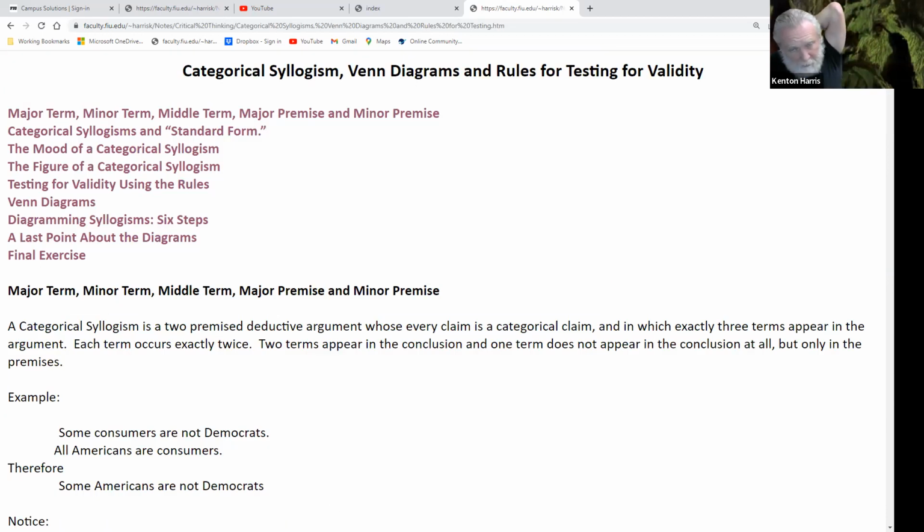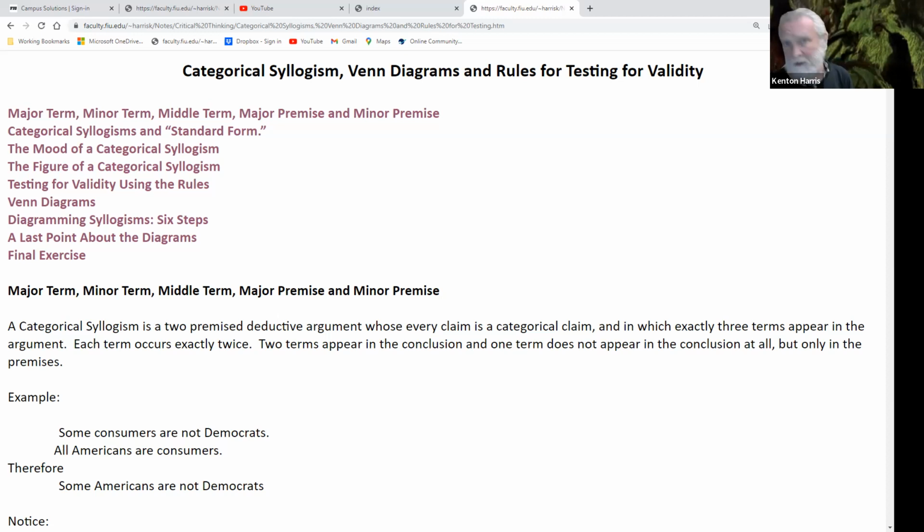So we're building on what we had covered in the last lecture, and we're going to be looking at major term, minor term, middle term, major premise and minor premise. They're all pretty straightforward, nothing too tricky there. Just as categorical claims can be put in standard form, categorical syllogisms can be put in standard form, and it's important to know what a standard form categorical syllogism looks like.